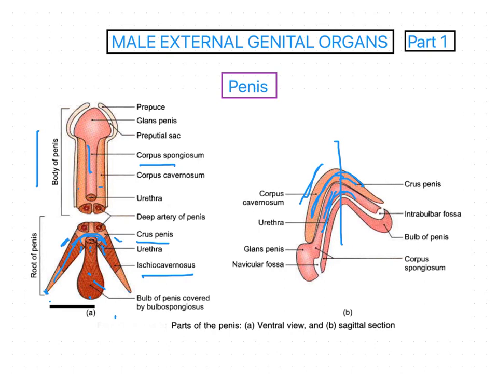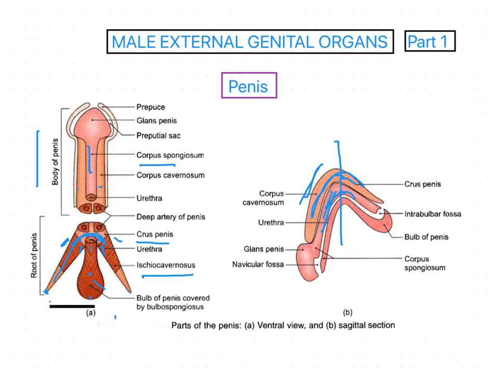The deep surface of this bulb is pierced by the urethra, which traverses its substance to reach the corpus spongiosum, which is located in the body of the penis.